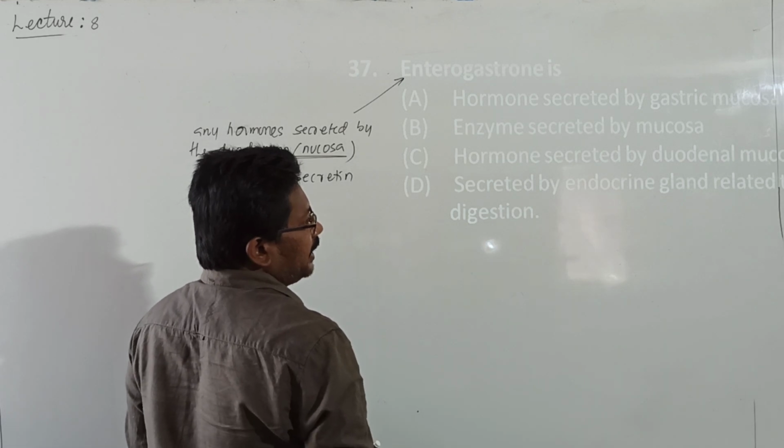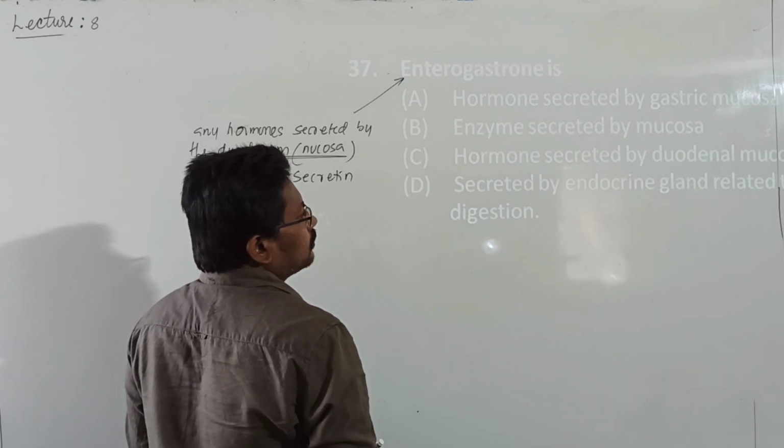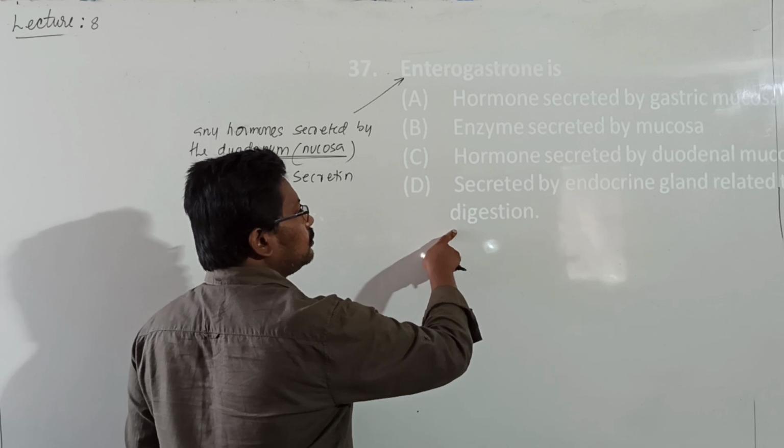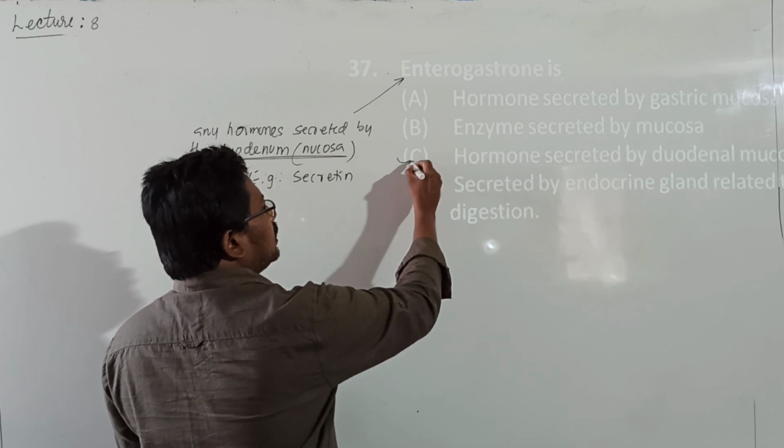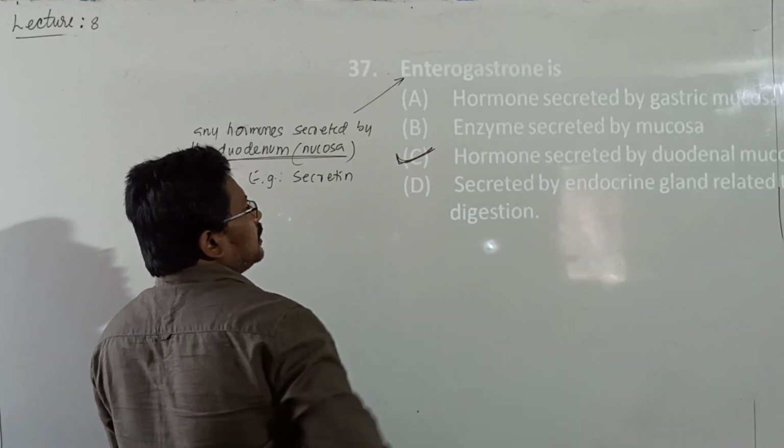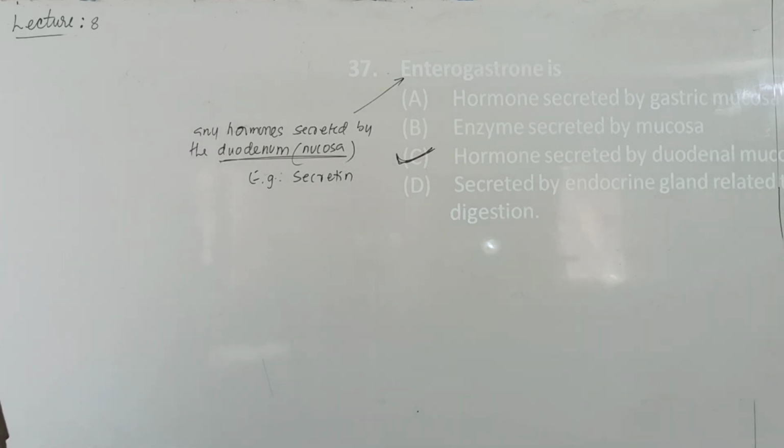Secreted by an endocrine gland related to digestion? No. So the answer is C. Enterogastrone, like secretin, is a hormone secreted by the duodenal mucosa.